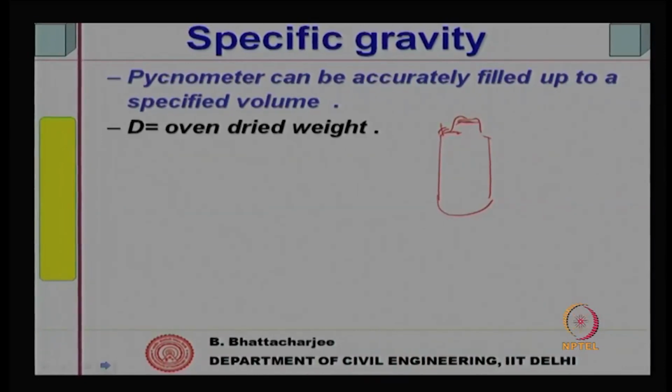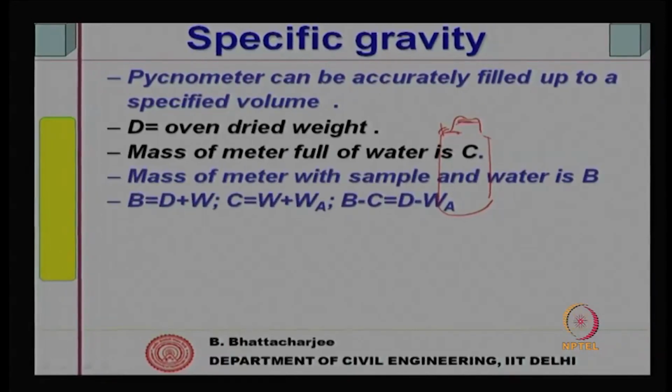Then D is the oven dried weight of the aggregate. So, the mass of this pycnometer full of water, that is C. So, first I found out C, the mass of the pycnometer full of water, and the mass of the pycnometer with sample and water, that is B. Now, you remove some water, you put this oven dried aggregate, and all the time you will have water filled up to the same height.